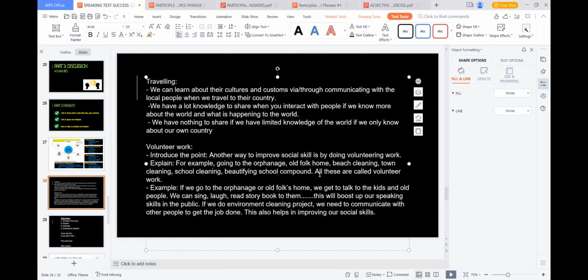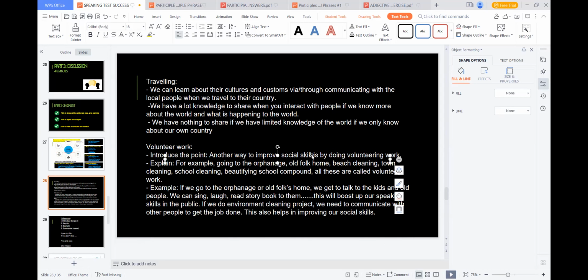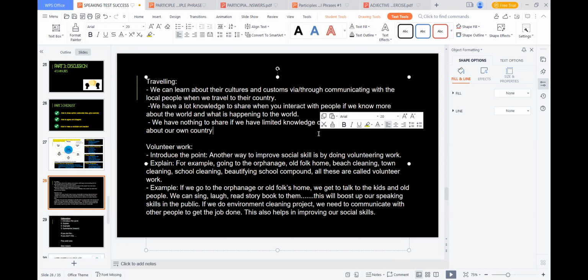Okay, this one I should put a comma, because otherwise the old folks home, old folks, is 老人院. This is old folks, not old folk. Okay, continue.